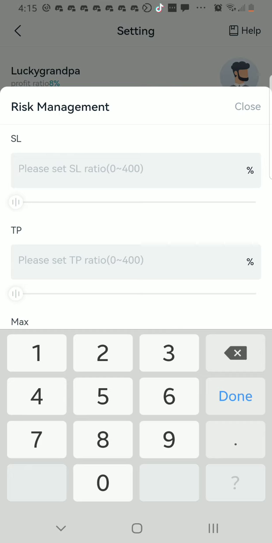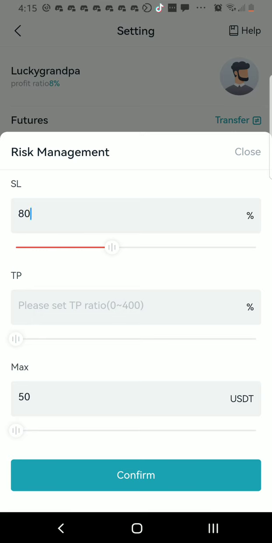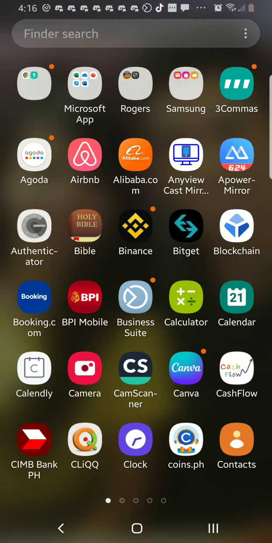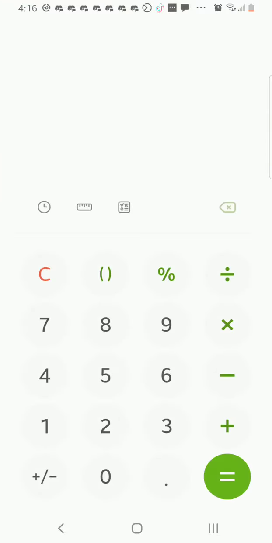And then your stop loss is 80%. So you can have a stop loss of 80%. They're using cross margin. If they use cross margin, that would mean that you are allowing them to take 80% of 50. How much is that? Let's check. 50 times 0.8.